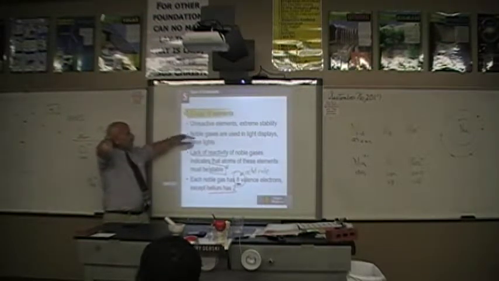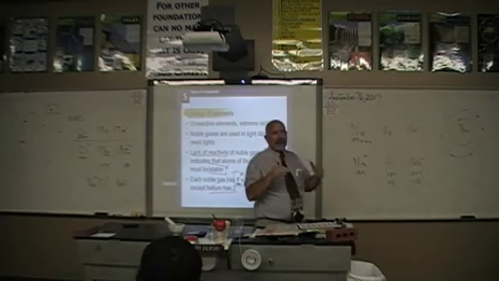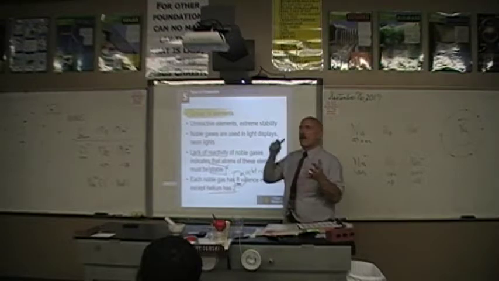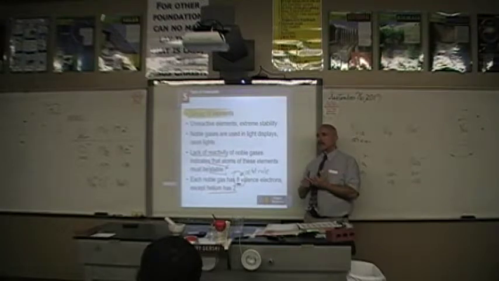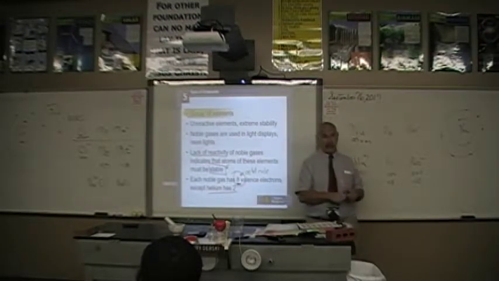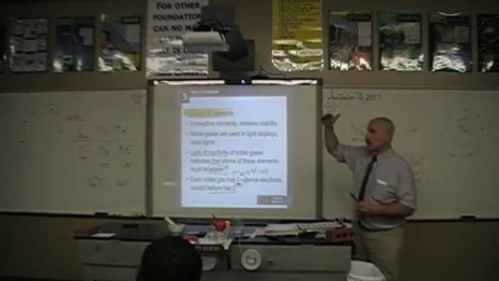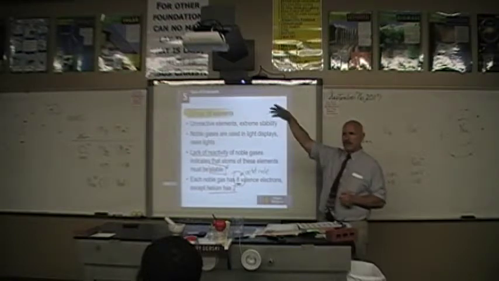Now, what else do we know about these noble gases? Remember, these are the guys that don't need to interact because they've already got everything they need. Every chemical reaction is going to take place in order to try and fulfill the Octet Rule for all the atoms. Every atom wants to go live in the castle with the nobles. They want to go to the parties. They want to have all their food taken care of.